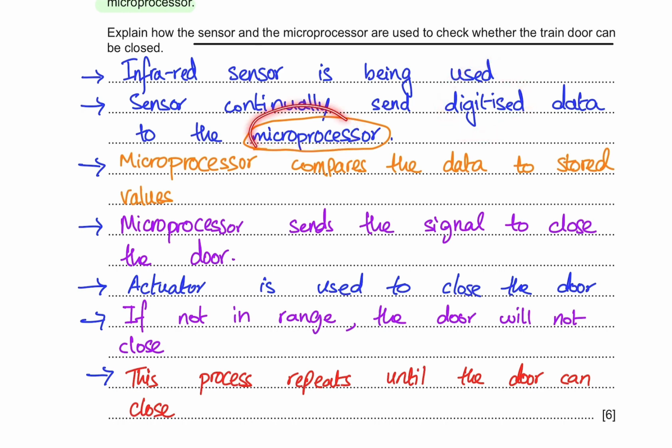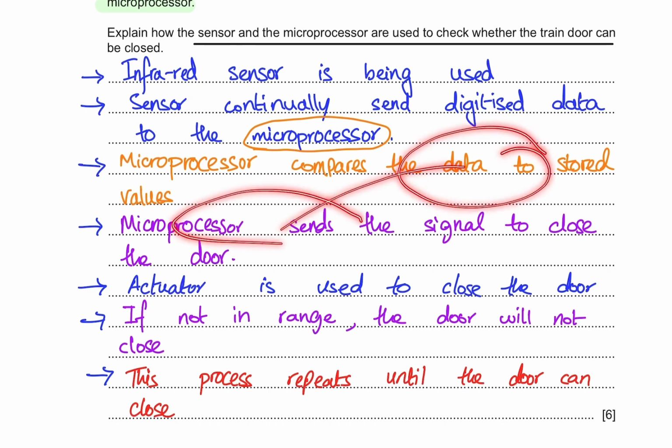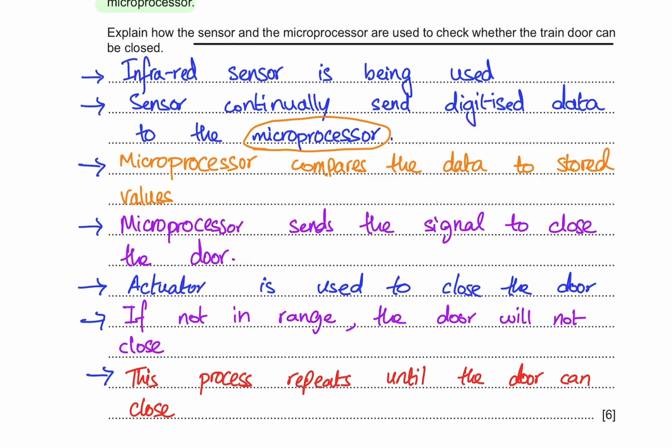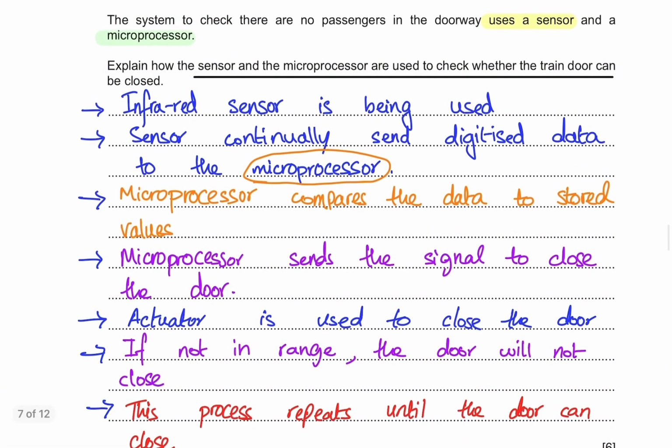The microprocessor's job is to compare the data to the stored values, and then the microprocessor will send the signal to close the door. And the device used to close the door is an actuator. If the data is not in range, the door will not close. So if it is out of range, it does not match the signal. This process will repeat until the door is able to close. For 6 marks, you have to explain how the microprocessor and the sensor are used to check whether the train door can be closed or not.